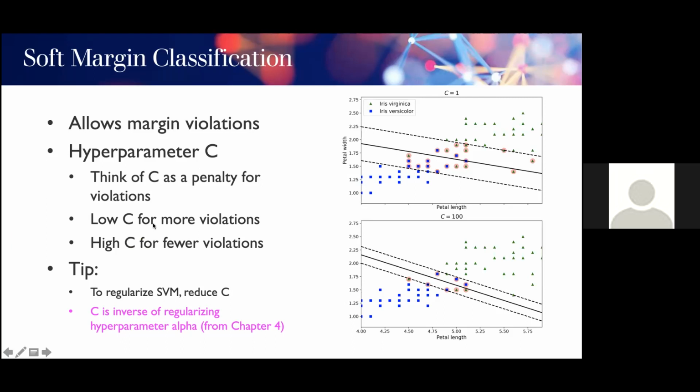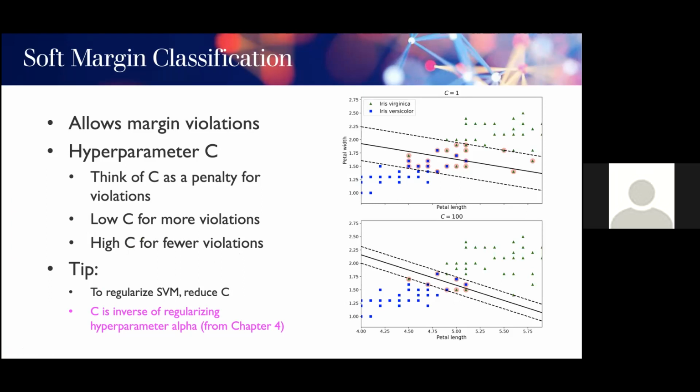And so you use a low value of C for more violations. That means it's cheap to make violations. With a high value of C, where it is expensive to make violations, you will end up having fewer violations. A quick thing here is that C is pretty commonly used in Scikit-Learn's library, but so far we have introduced alpha as part of the regularization.